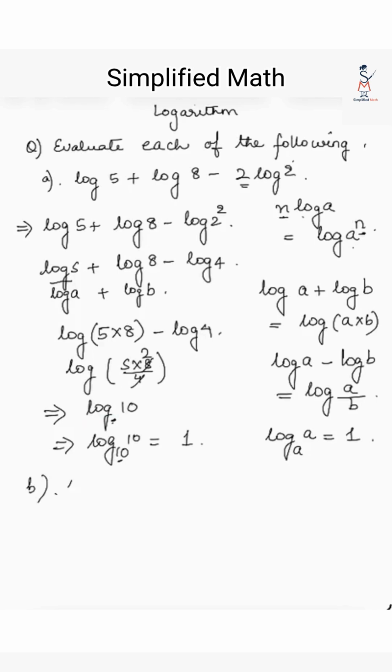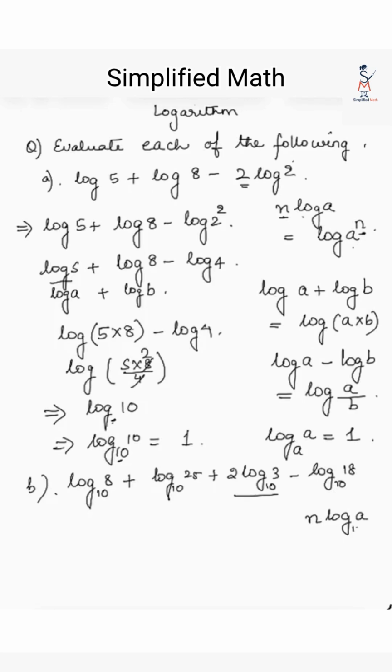So now we'll see the second one, that is log 8 to the base 10 plus log 25 to the base 10 plus 2 log 3 to the base 10 minus log 18 to the base 10. Now here we see it is 2 log 3. Once again the rule I am showing, n log a to the base 10 is log a to the power n. The number which is multiplied goes to the power of the log.